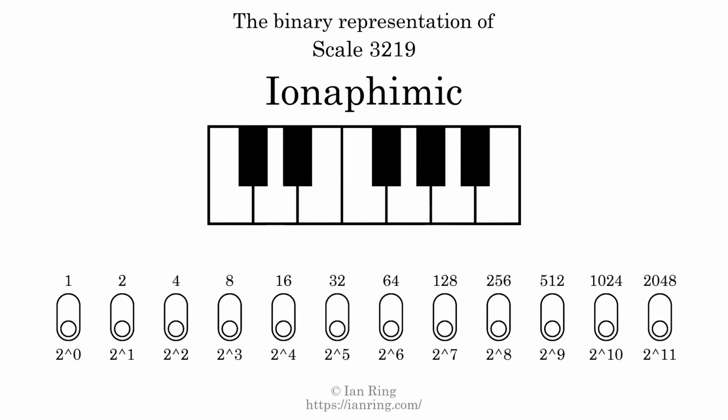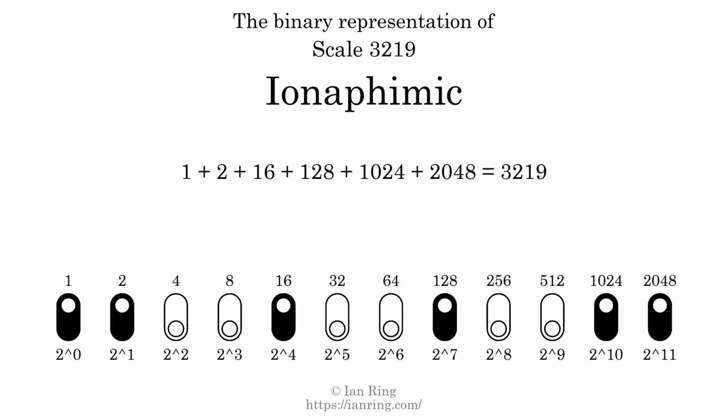The binary representation of this scale is determined by mapping tones of the scale to binary digits. Each binary digit represents a power of 2. To get the scale number, we add the powers of 2 together. The powers of 2 that are present in the scale, all added together, equals 3219.